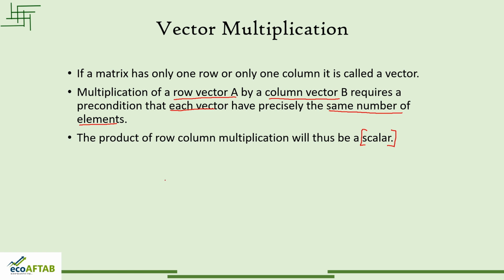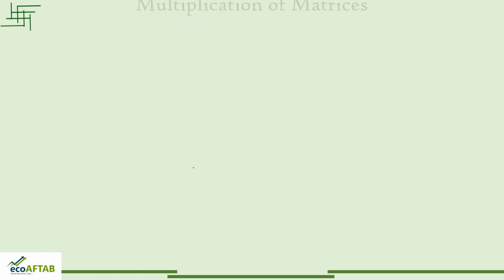Let us see. If this is a row vector and if this is a column vector, when you multiply these things together, what will you get?